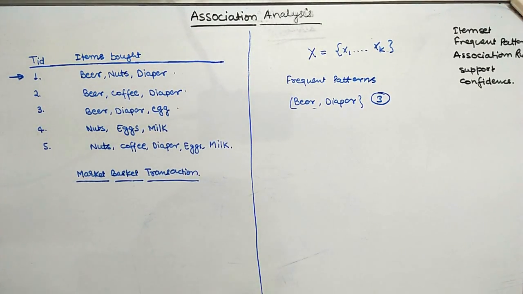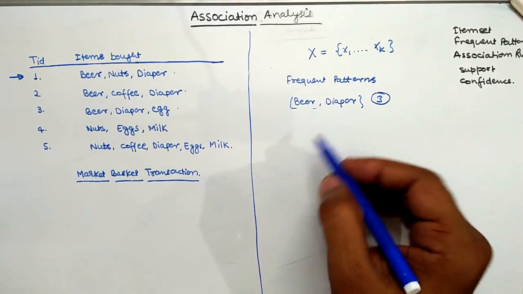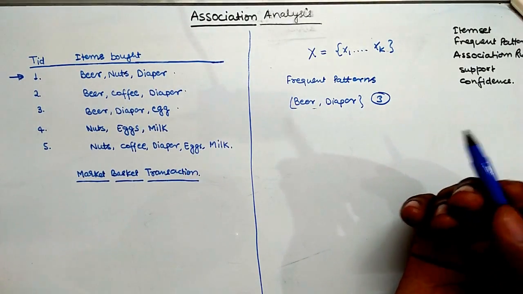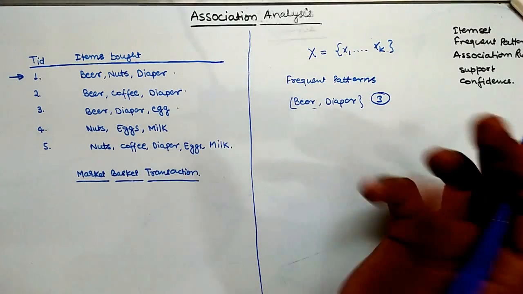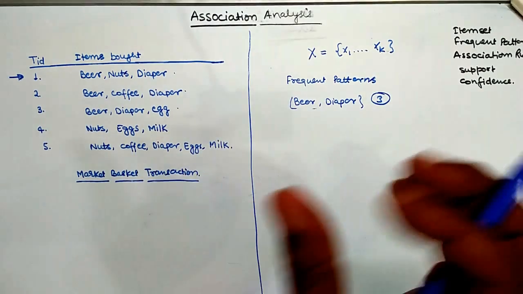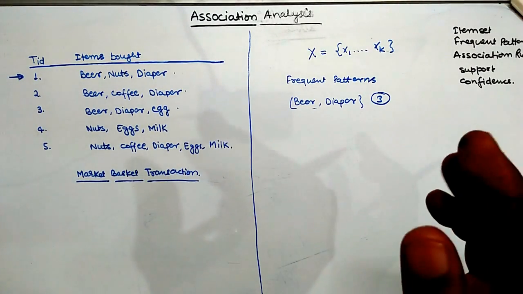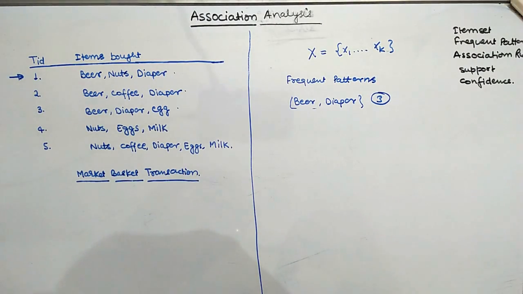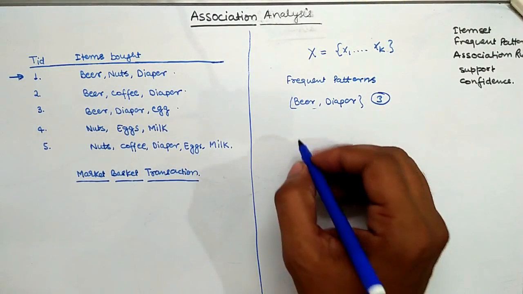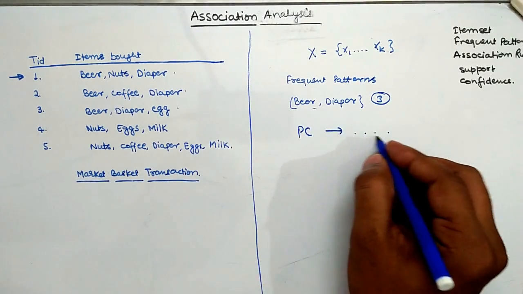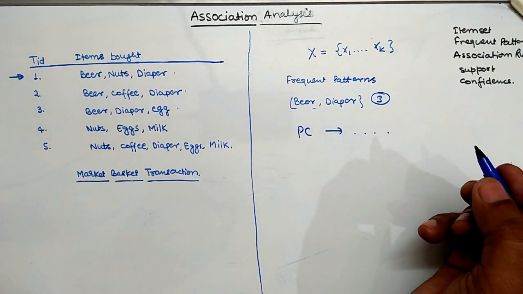Okay, so based on these frequent patterns, we can analyze what products were often purchased together, meaning how many products are purchased together, and what the subsequent purchases are. If I buy a PC, then what are the subsequent purchases, and what items do I need to put in my store?